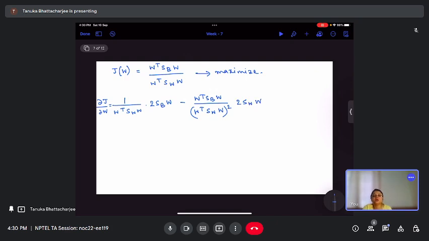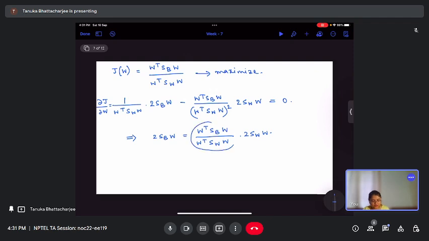This is the derivative with respect to w. To maximize the original quantity, we need to equate this to 0. Then if we simplify, we will get 2 SB w equals to this.